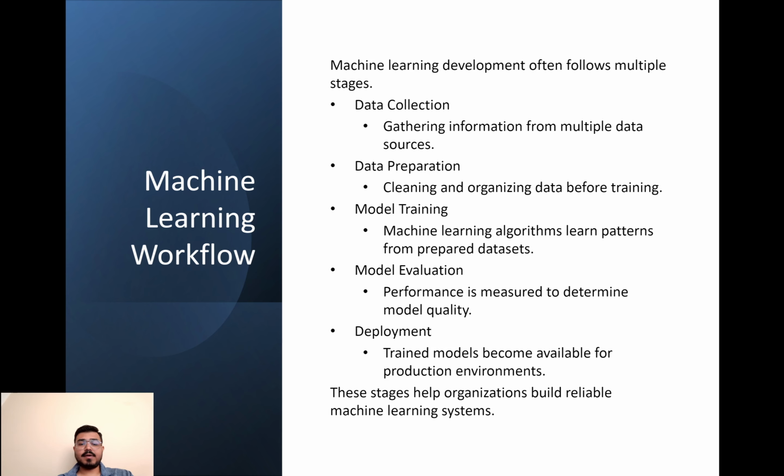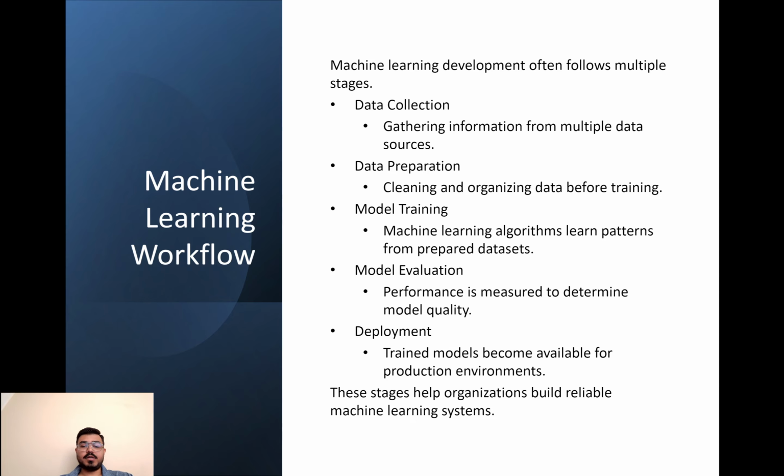So, machine learning development usually follows multiple stages. The first stage is data collection. Organizations gather information from multiple data sources. The next stage is preparation. Data often needs cleaning and organization before training begins. The third stage is model training. The machine learning algorithms learn patterns from prepared information.